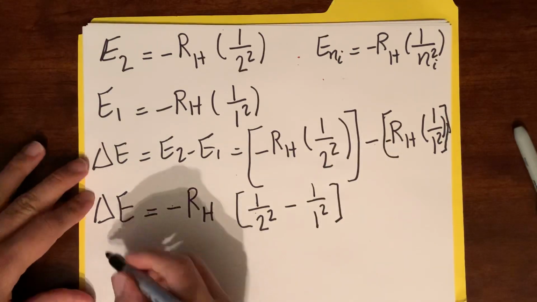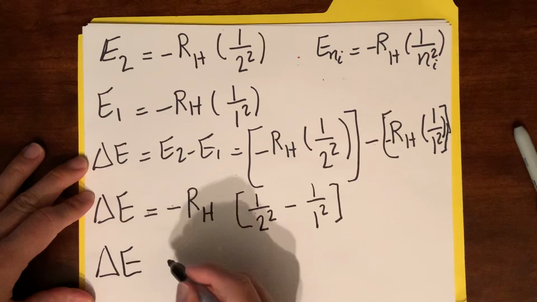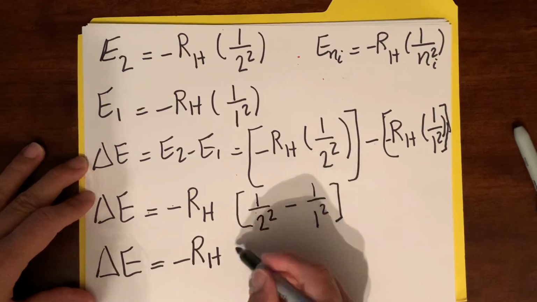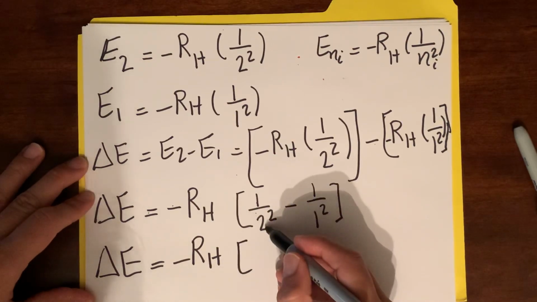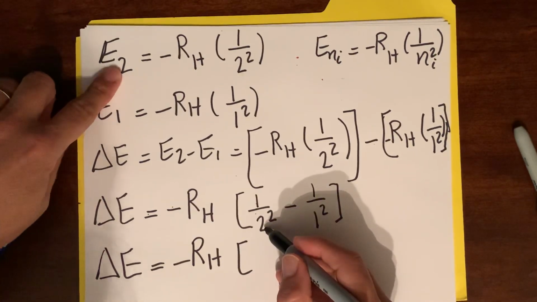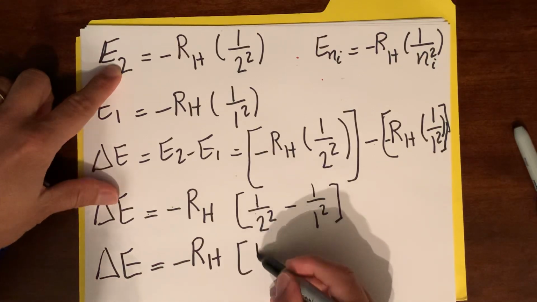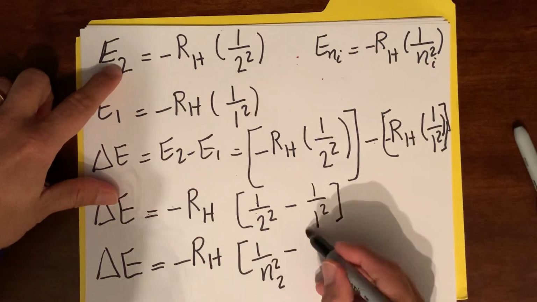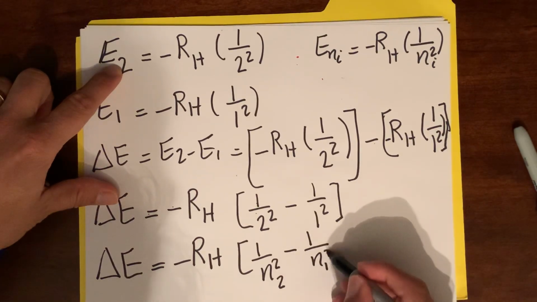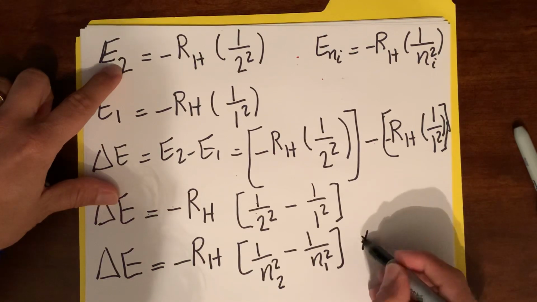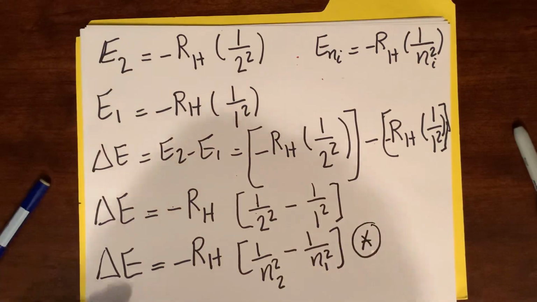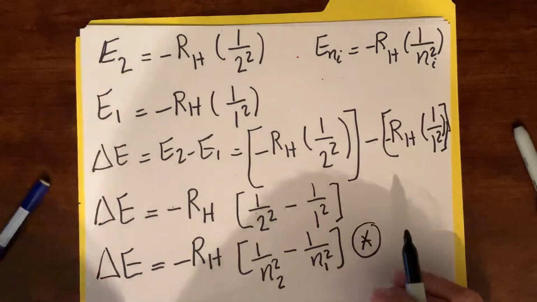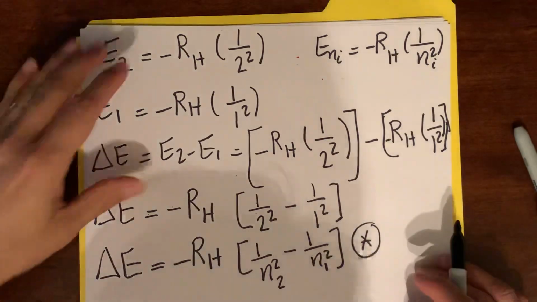How did I get this one? Delta E is equal to minus RH times 1 over N2 minus N1 to the second. So from now, I'm going to use this formula to calculate change in energy when I'm sending one electron up or down. When I say up, I mean up level or lower level.